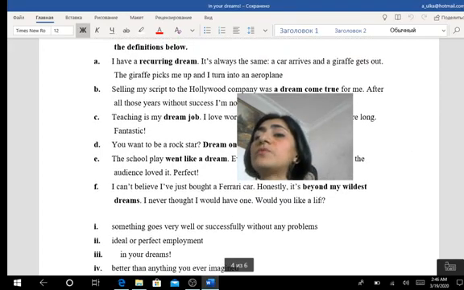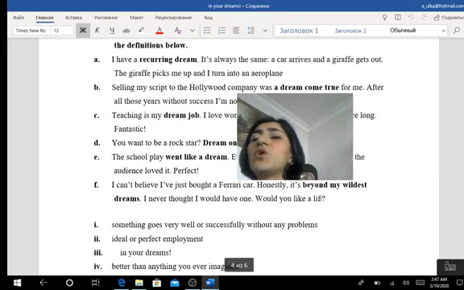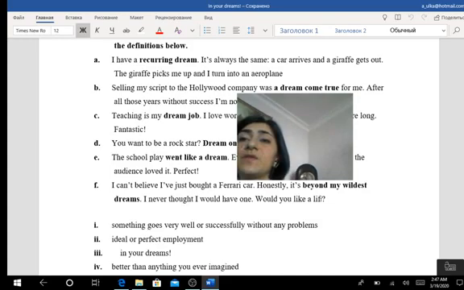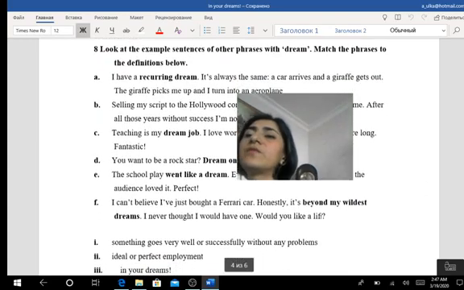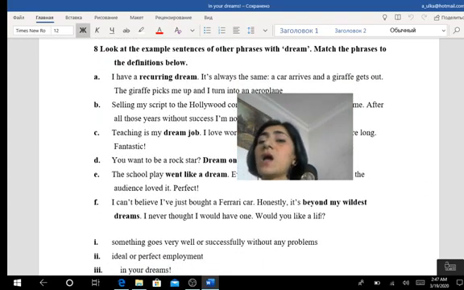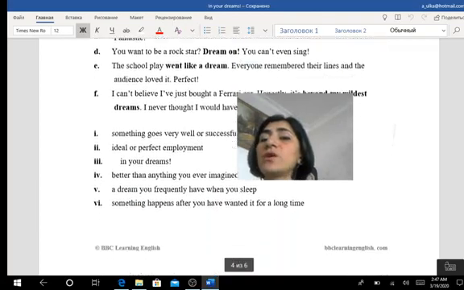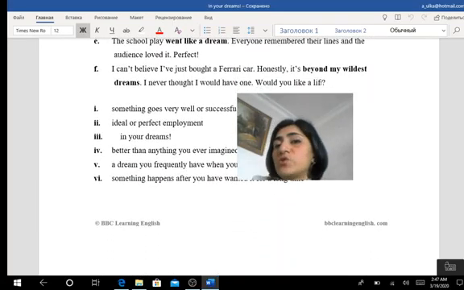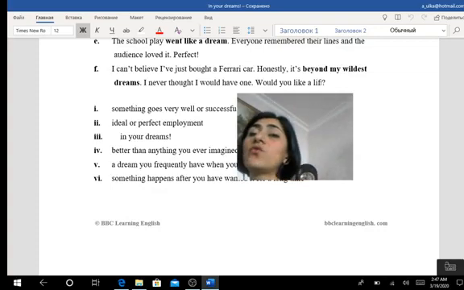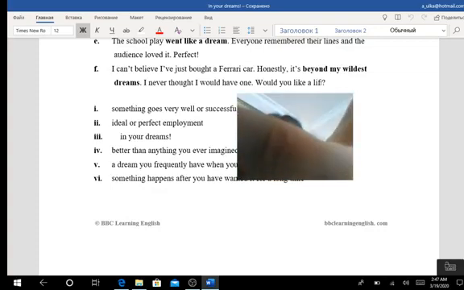Dream job, dream on, go like a dream, that's in the past, beyond my wildest dreams. You want to find out, right, what these words mean. Actually, you have your meanings here from 1 to 6, but of course you have to work with your vocabulary because you don't know which one belongs to which one.